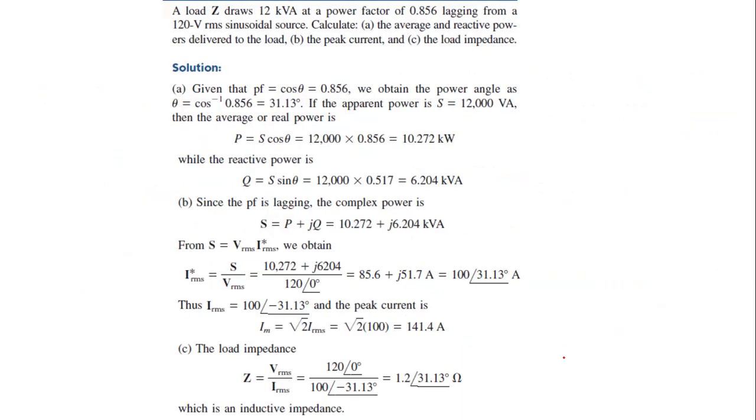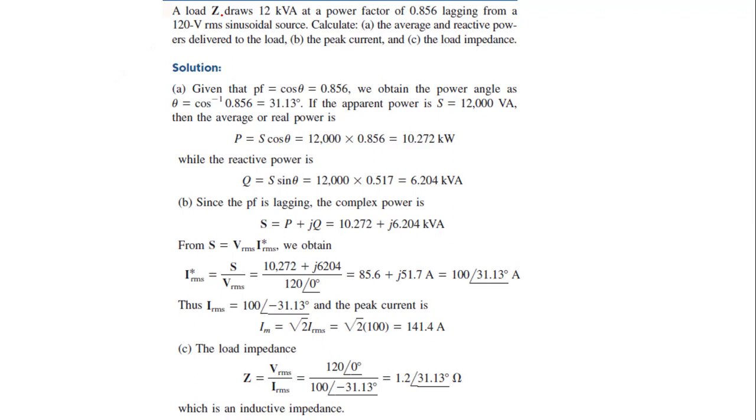This is another problem. A load Z draws 12 kilovolt ampere at a power factor of 0.856 lagging from a 120 volt RMS sinusoidal source. Calculate average and reactive powers delivered to the load, peak current and load impedance.